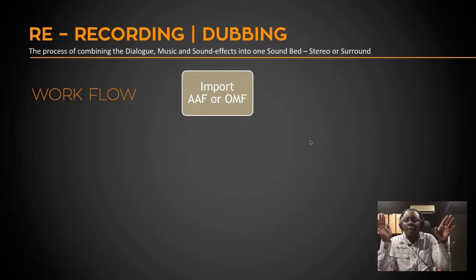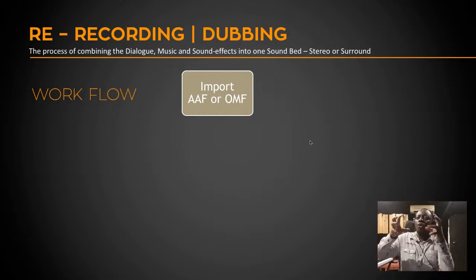Every software used for video editing has this option: export AAF or export OMF. When they give the audio post-production people this file, the dialogue editor gets that OMF and imports it into his session. I'm going to show you how to do that in Pro Tools.